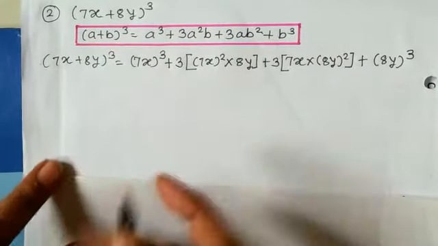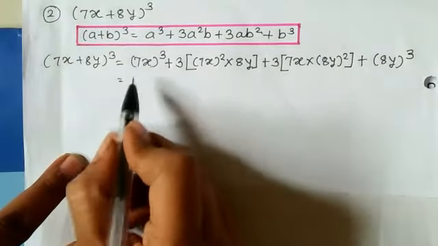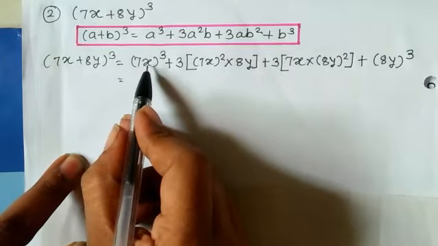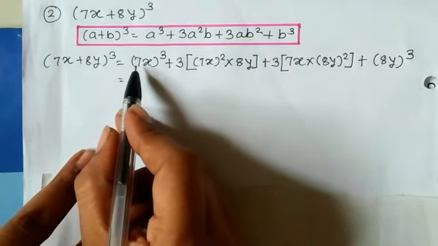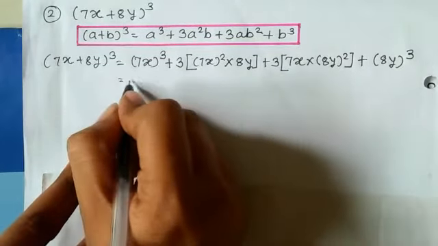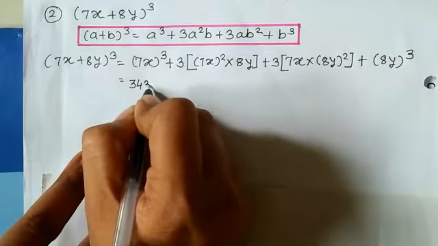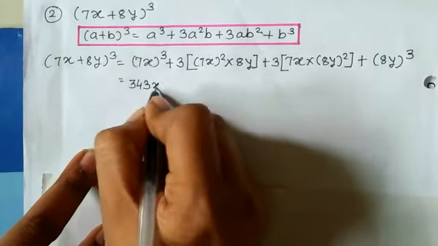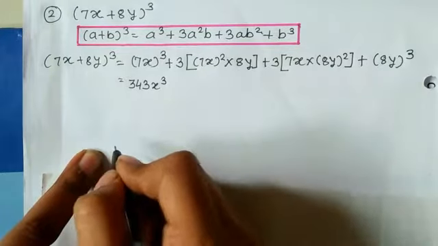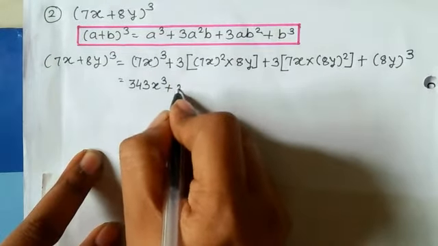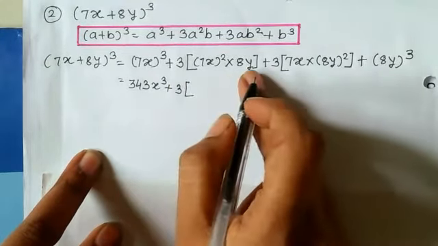Let's go with the second step. Here the cube of 7 and x both we have to do at the same time. So cube of 7 is 343, cube of x, it means x raised to 3, plus 3 into bracket. Let's solve this bracket.